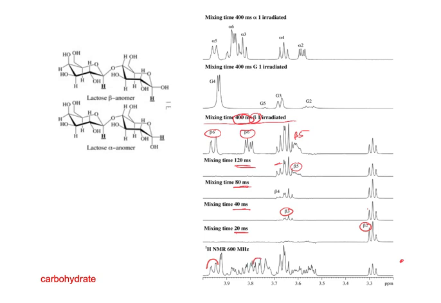And then you can better pick them out from in there. At the top, here's the same. So 400 millisecond mixing time was where they saw all of the signals. Here's irradiating alpha 1 with a 400 millisecond mixing time.